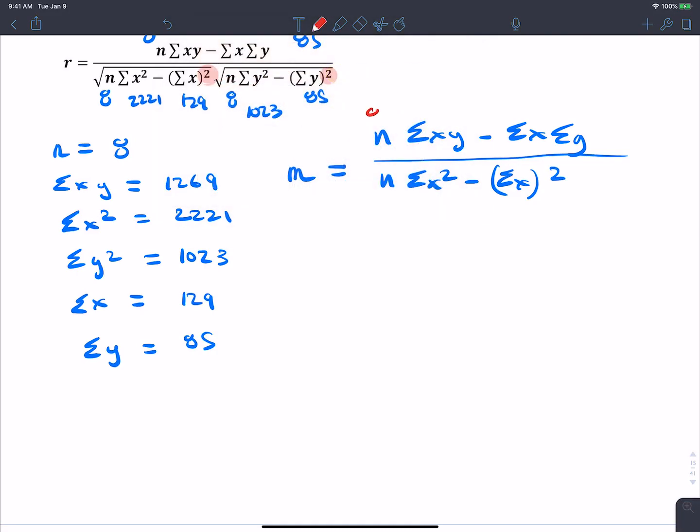And here N is 8. Sum xy is 1269. Sum x is 129. Sum y is 85. And N is 8 again. Sum x squared is 2,221. Sum x is 129. And don't forget with that 129, we have to raise it to the second power.